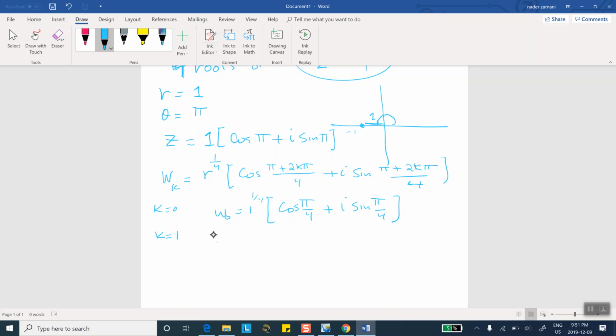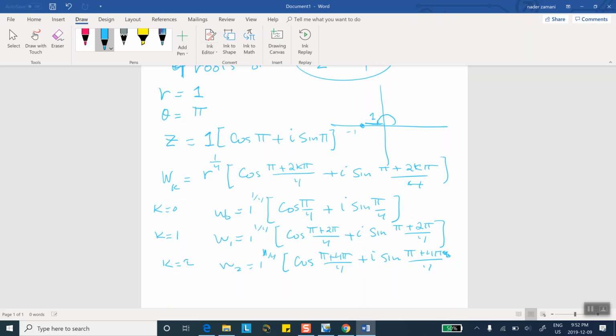When k is equal to 1, w1 is going to be 1 to the 1/4 cosine of (pi plus 2 pi) over 4 plus i sine of (pi plus 2 pi) over 4. When k is 2, w2 is equal to 1 to the 1/4 cosine of (pi plus 4 pi) over 4 plus i sine of (pi plus 4 pi) over 4.